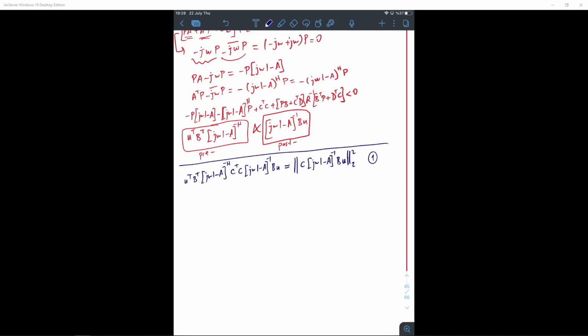So U transpose B transpose j omega identity minus A minus Hermitian, again as in this case, and minus P times j omega identity minus A and j omega identity minus A inverse BU equals minus U transpose B transpose j omega identity minus A minus Hermitian PBU. This is the second term.